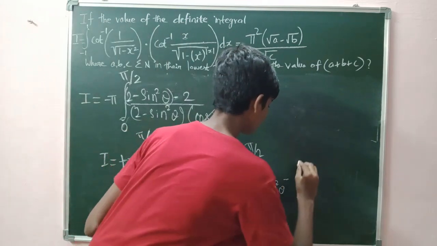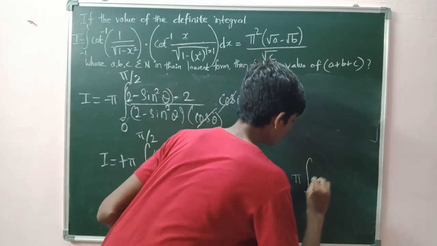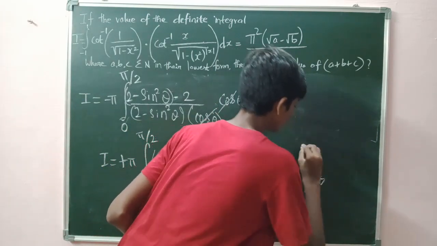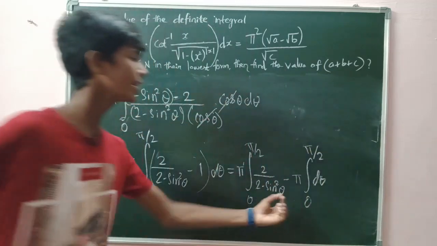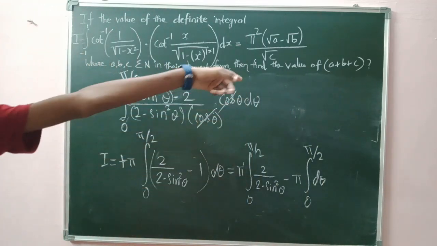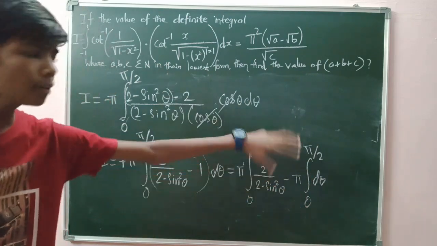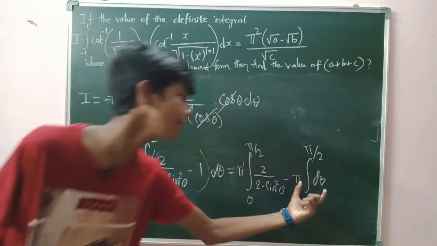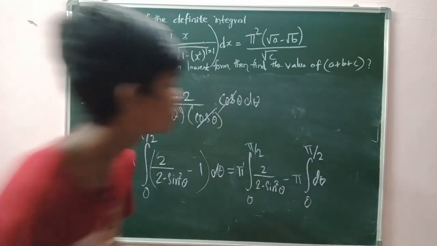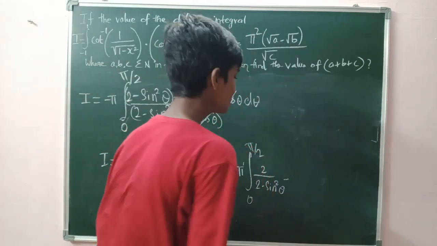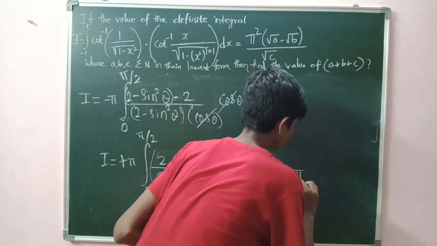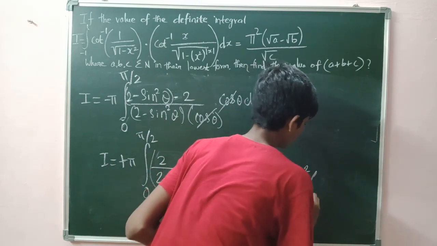So minus of pi times of integral of d theta from 0 to pi by 2. Correct or not? Pi times of integral theta from 0 to pi by 2. So just put the value, d theta integral is theta. So theta pi by 2 value. So you'll get pi by 2 times of pi. That is pi square by 2. Guys, these things are very easy. So I'm solving fastly. Pi square by 2.